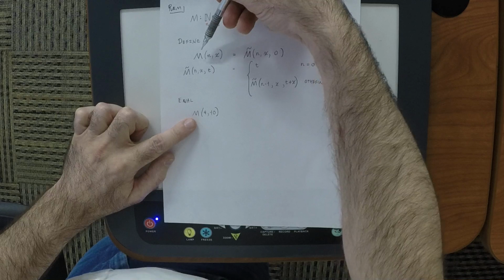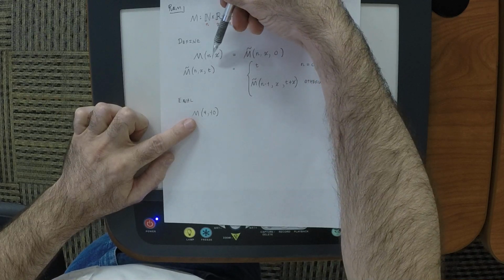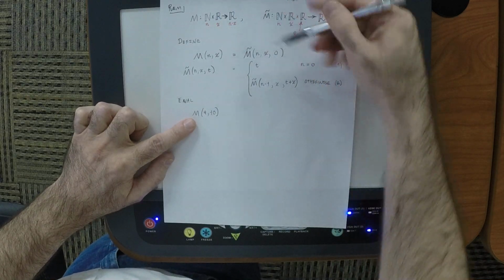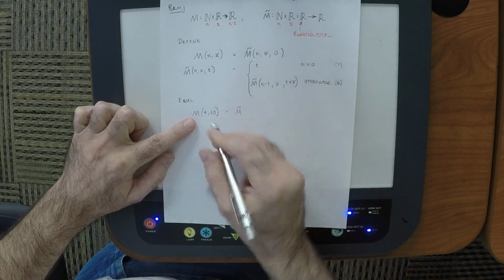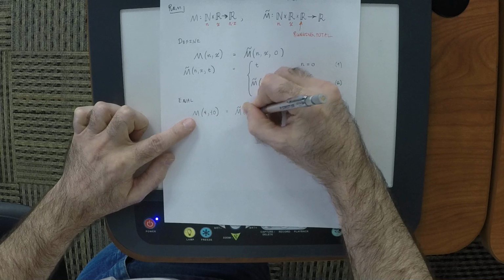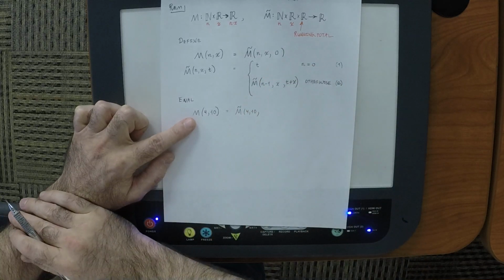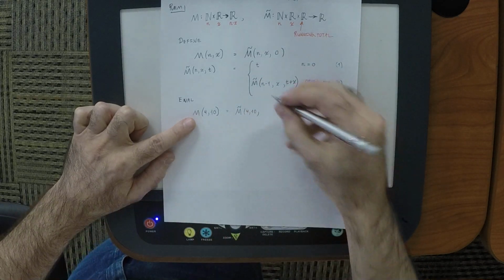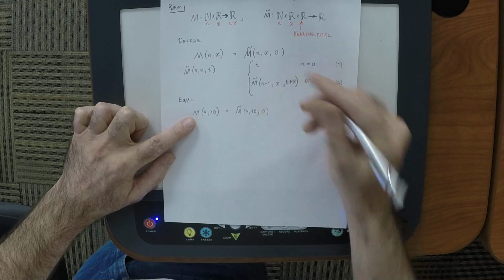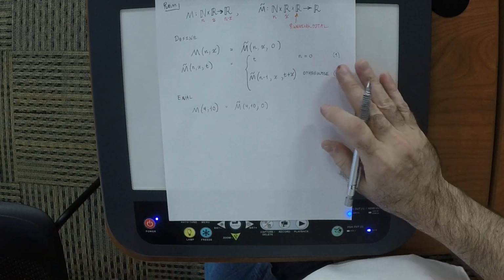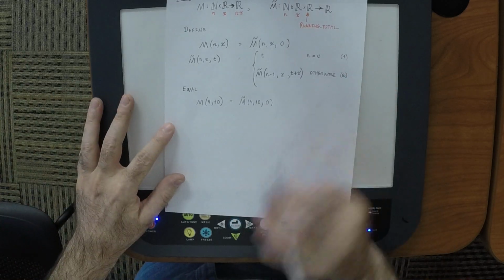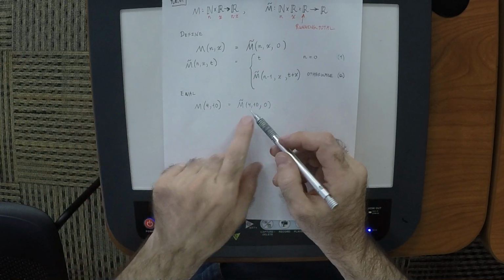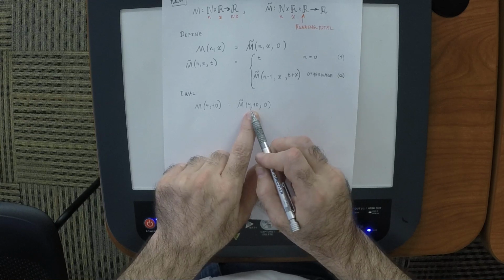So the definition of m of two arguments like that is, well, you immediately evaluate m tilde. The first two arguments are the same, so 4 and 10. And then the last argument is 0, which is to say that we're starting our running total at 0. Fine. So now, concerning this, notice that n is 4.